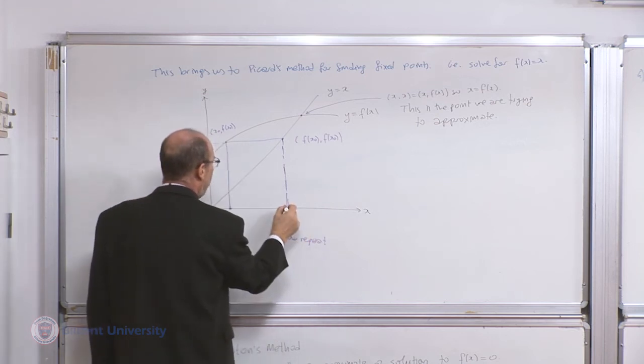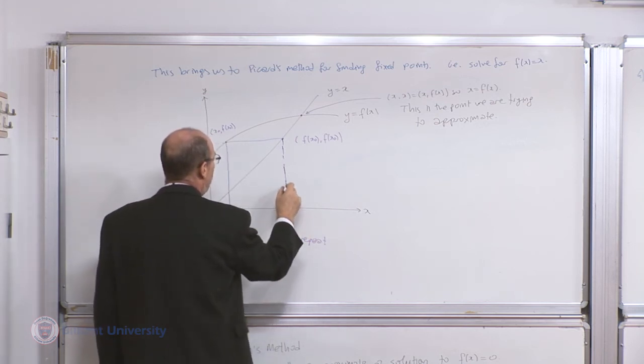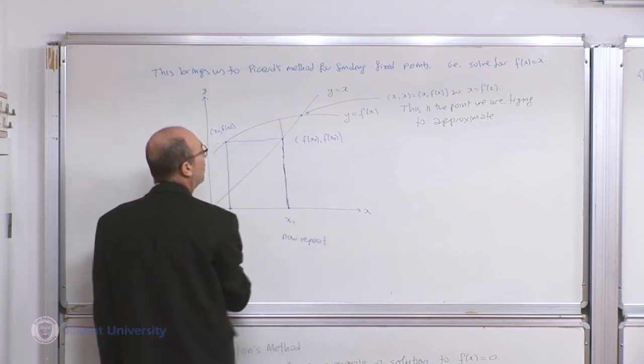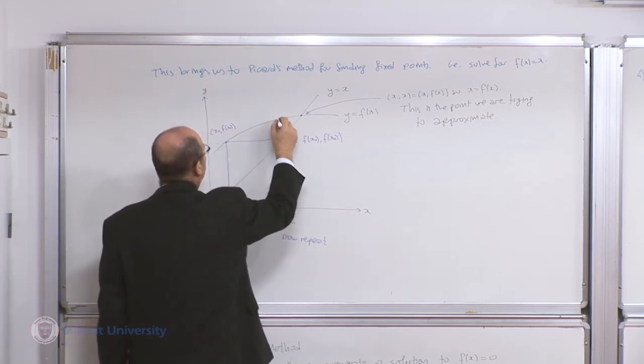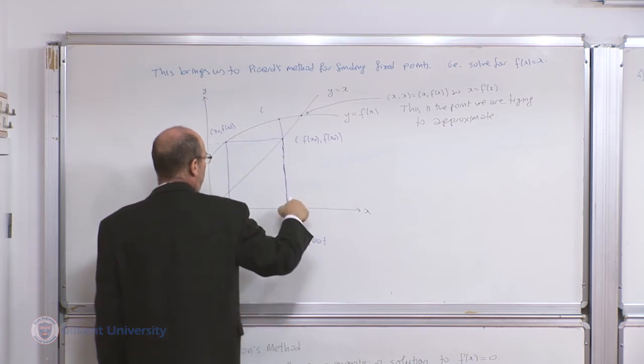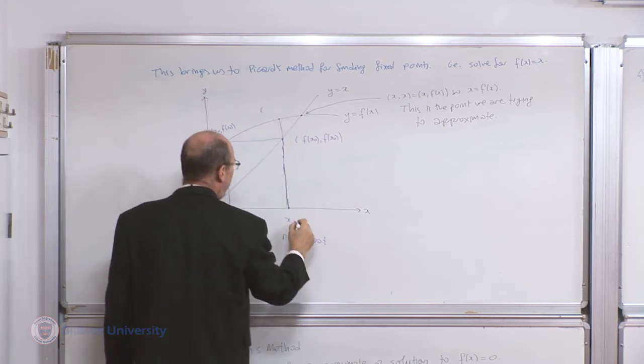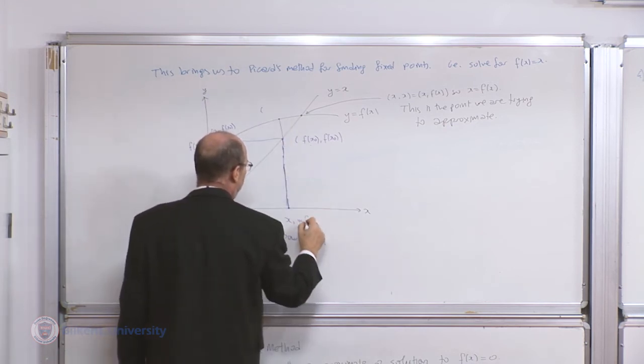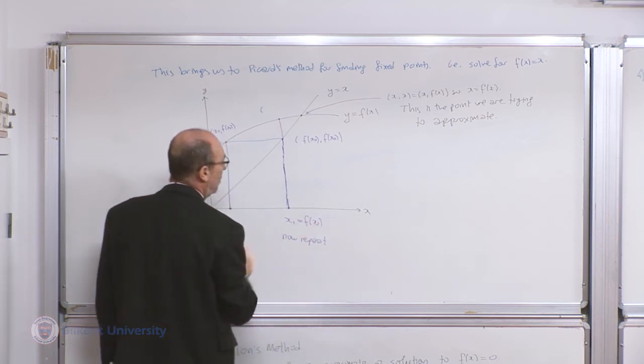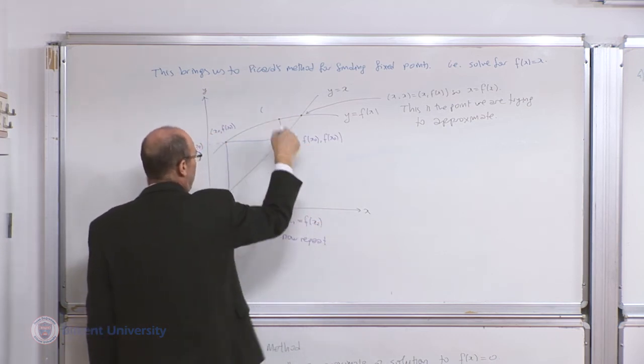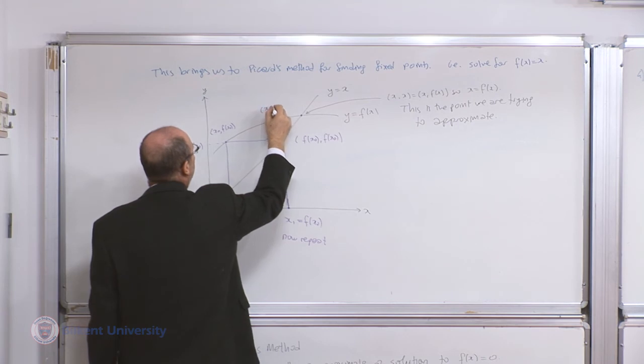Repeat means that you take this as your choice. You go up to the graph. Okay, you calculate this number. This is x1. Note that x1 is f of x sub 0 now, because I took the x coordinate. You calculate this point on the graph.